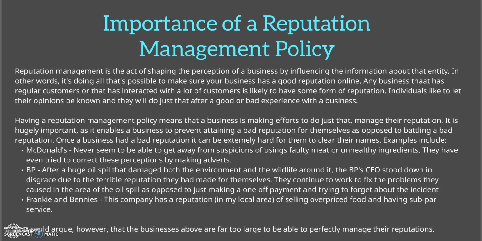And they've tried to correct this. They've tried to correct these perceptions by making adverts. If you've seen the new McDonald's adverts, they make a point of saying, actually, we grow these ingredients on farms, we use free-range chickens, that kind of thing.